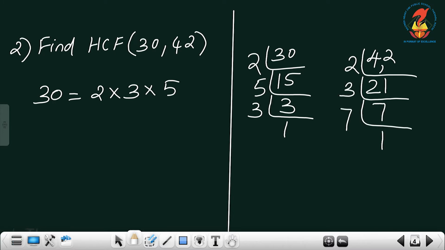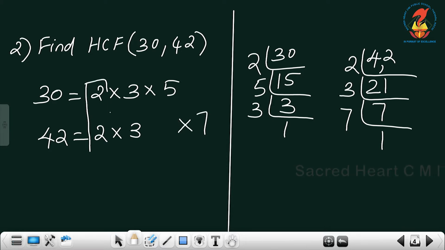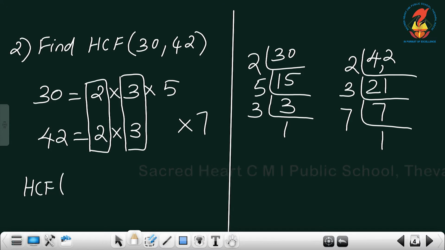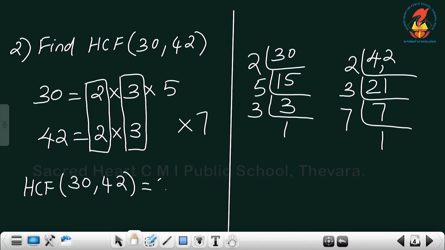Then 7, 1. So we can write 42 is equal to 2 into 3, 7 is another group. You have to keep it like this. So take the common. 2 is common and 3 is common. So HCF of 30 and 42 is equal to, from this group 2, from this group 3. So it is equal to 6. So the HCF of 30 and 42 is equal to 6.